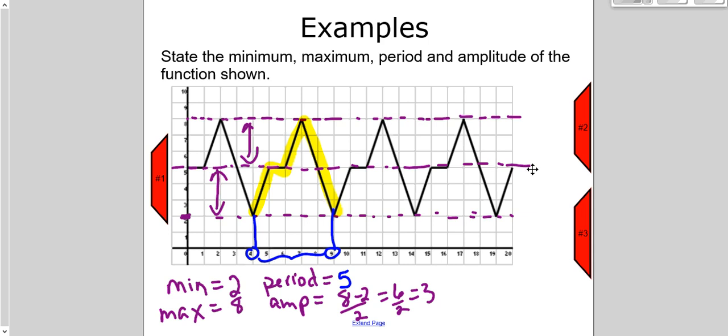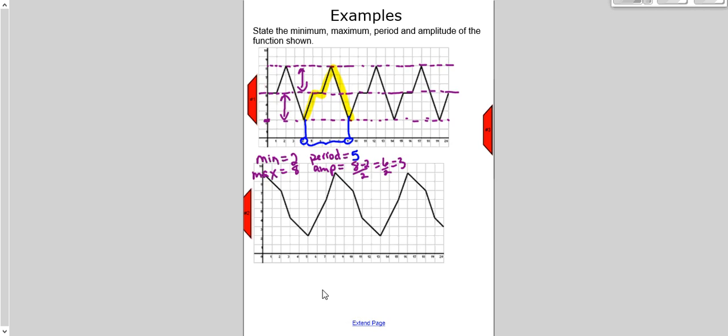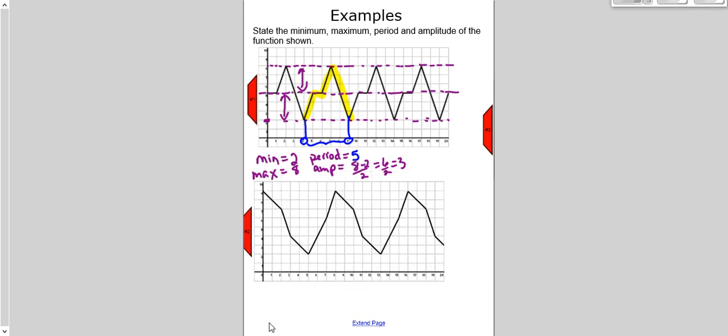Okay, let's try another one. So here's the second one. Taking a look at this one, same thing. I'm going to want to figure out my min is at 2, and my max, which is my highest, is at 9.